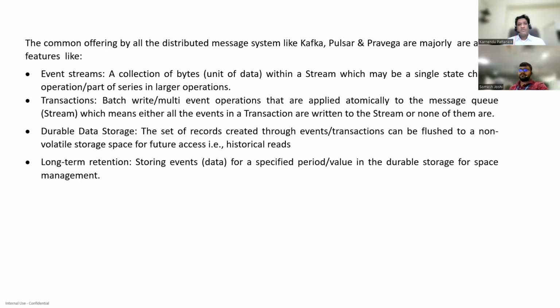That gives durability of data storage because the data can be accessed at the same time it is getting stored, and for historical purposes, it can be retrieved as well. Similarly, long-term retention is based on a similar principle: the older or historic data is stored in the tier 2 storage. So it can be retained there, and space management can happen properly.